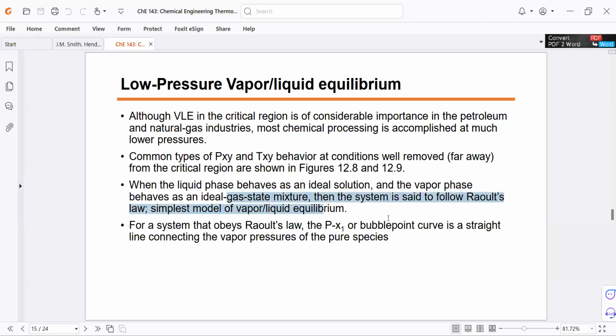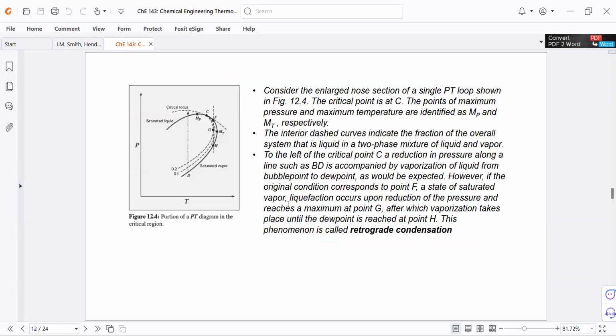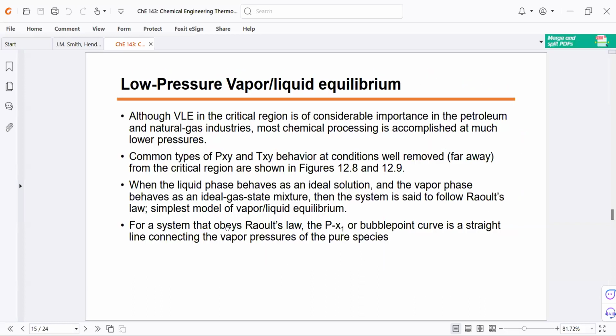It's the simplest model of VLE. If it's obeying Raoult's law, then the Px curve, or the bubble point curve, is a straight line connecting the vapor pressures of the pure species.